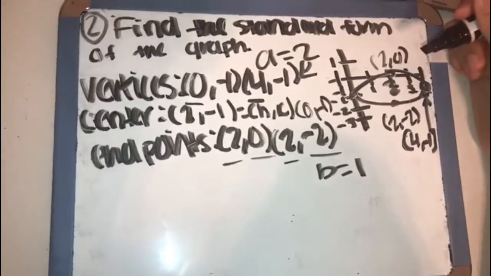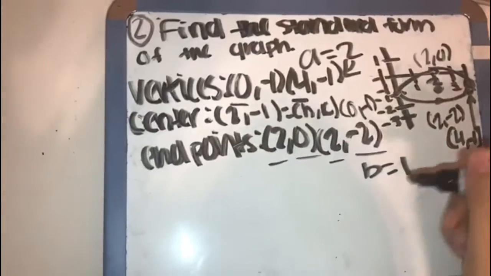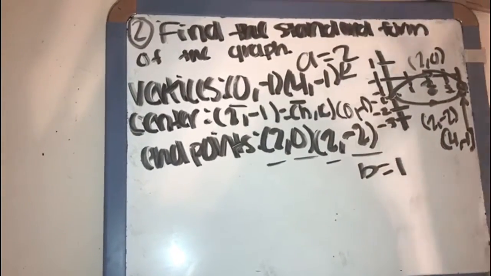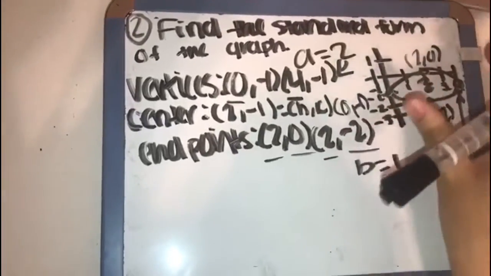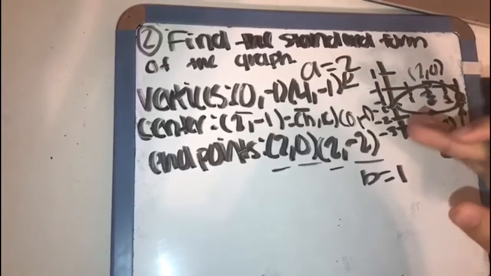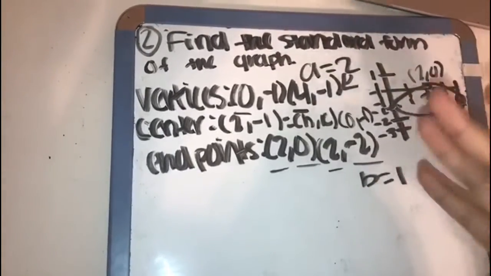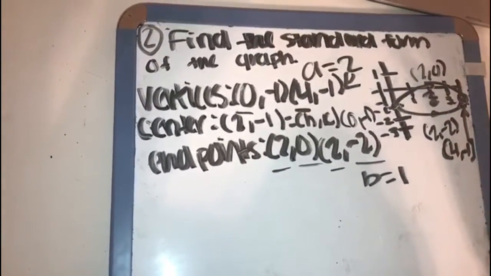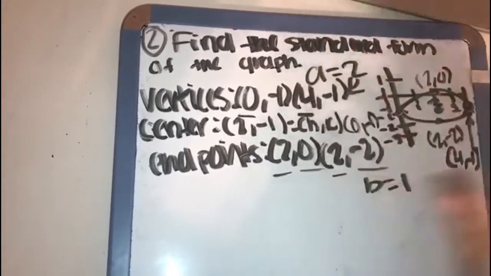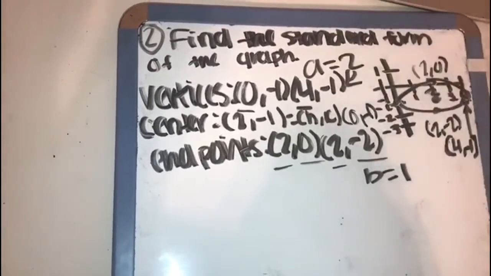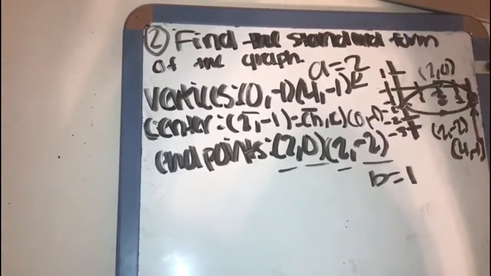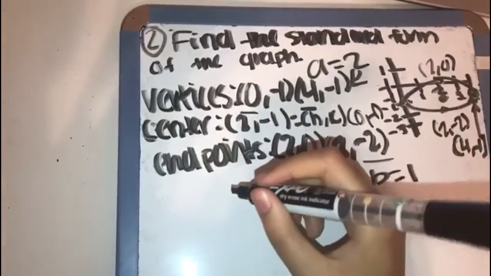on the standard formula. Since we're trying to find the standard form of the graph, because we have the graph first, we're going to use the complex one that I was talking about. Instead of x squared over b squared or something, it'll be more like x minus h squared over a squared, since it's horizontal.